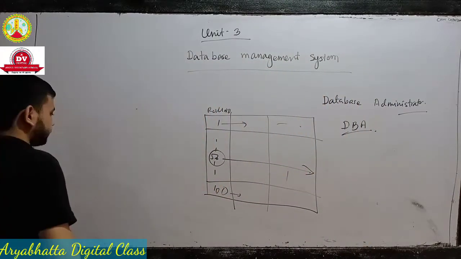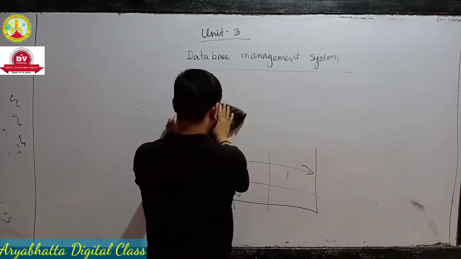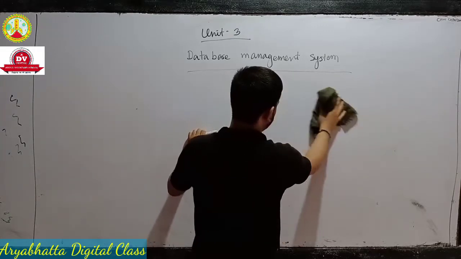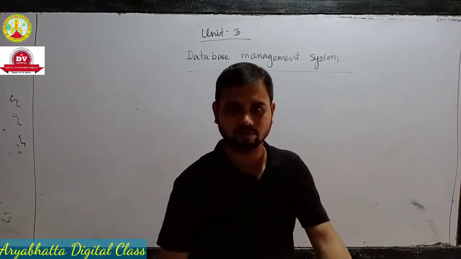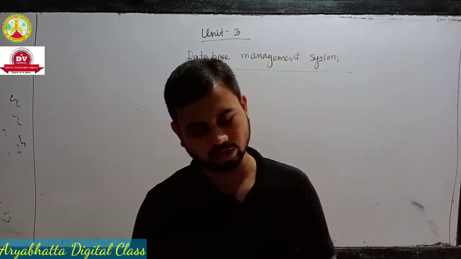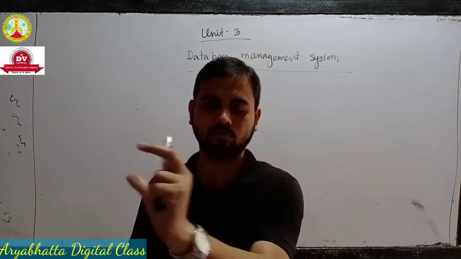Now the concept is coming. What is the definition of database in book language? In the exam, if you are asked what is database, you know the concept, but you have to write it in a formal manner.